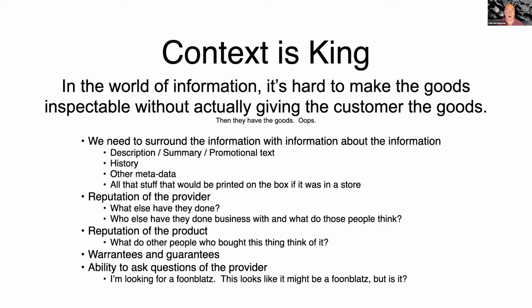So all of the stuff that would be printed on the box if it were something sold in a store. But you know, if I'm going to buy a hammer or an automobile or some physical thing, I can pick it up, I can hold it, I can test drive it, I can examine it in various different ways. But if it's a piece of information, I can't do that. But various descriptive information can be provided that will surround it.